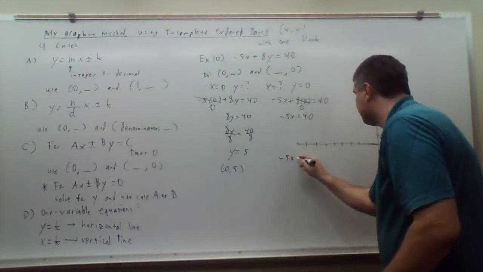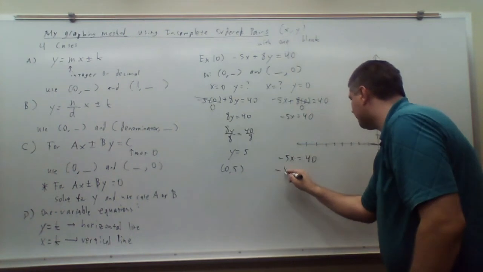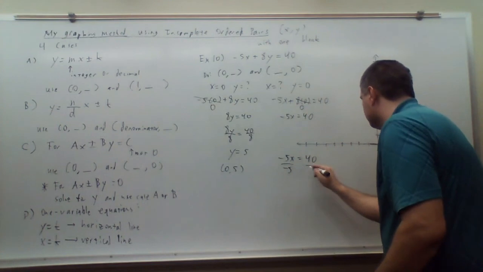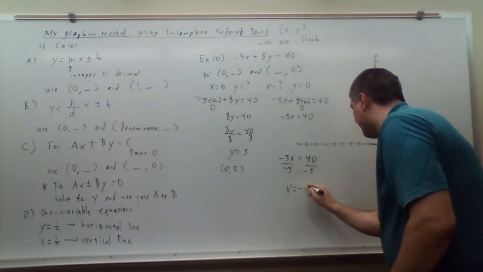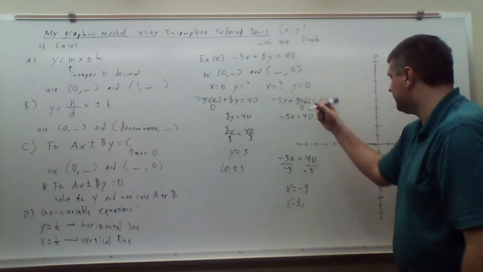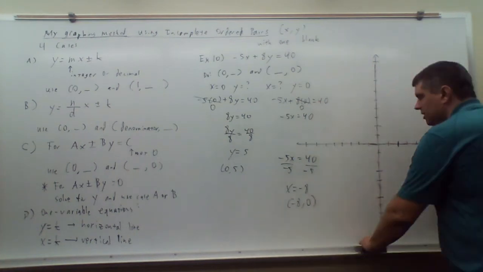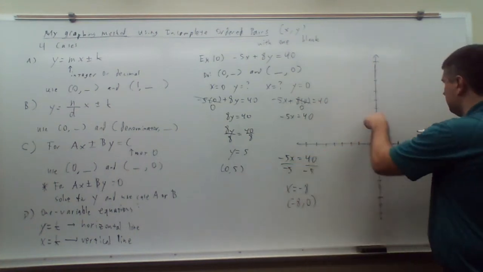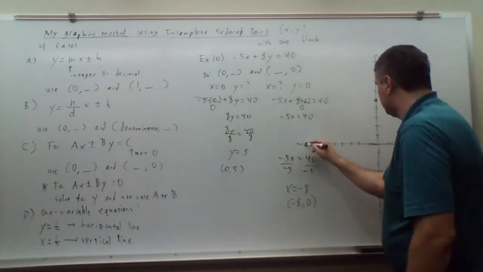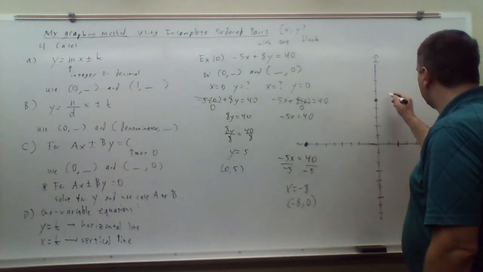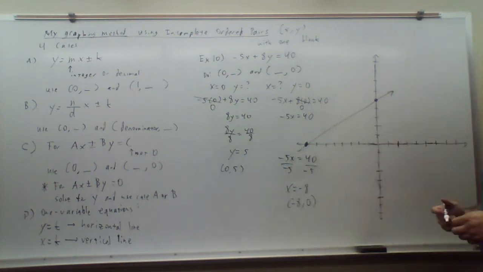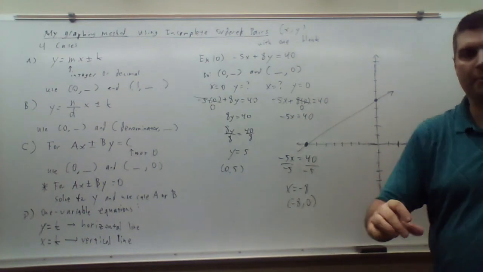Negative 5x equals 40. Divide off the negative 5. And x equals negative 8. So we have x coordinate negative 8, y coordinate 0. So 0, 5, and negative 8, 0. And I'll put the line through. And then I'll pause and put up another problem.